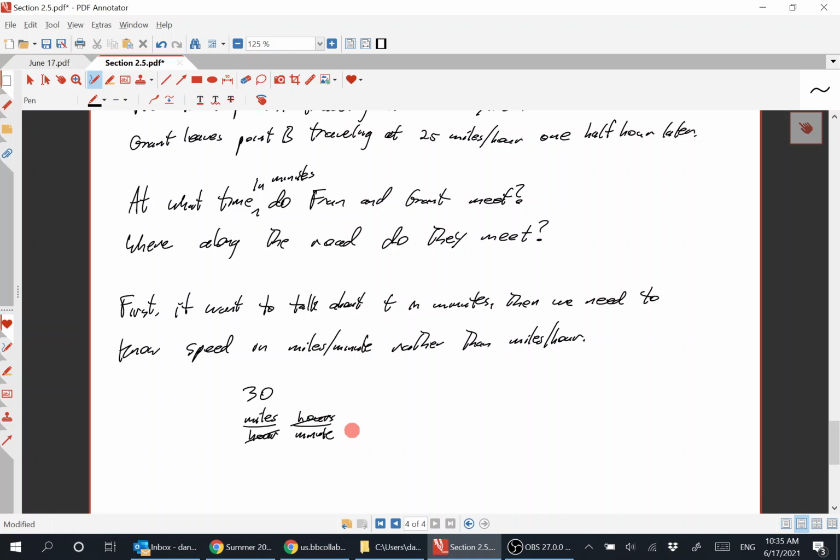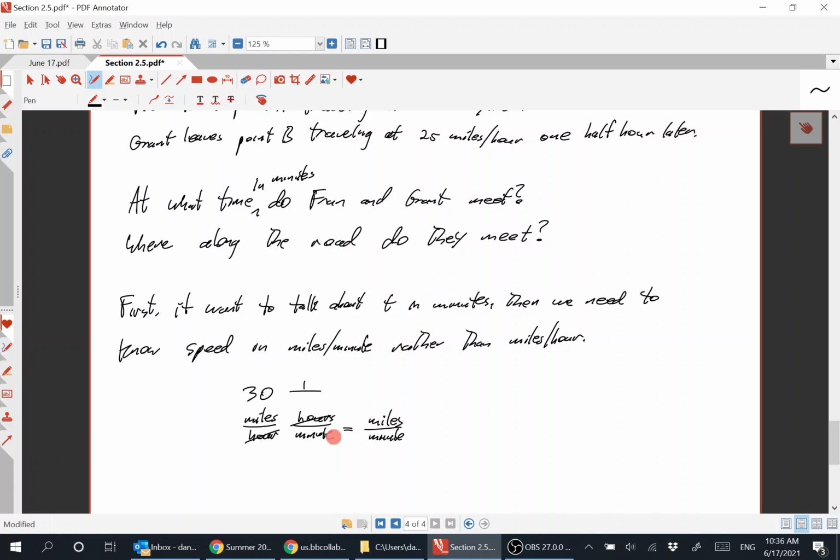If you cancel the common quantities in the numerator and the denominator, then you'll come out with units, miles per minute. So to convert miles per hour to miles per minute, you need to multiply miles per hour by hours per minute.